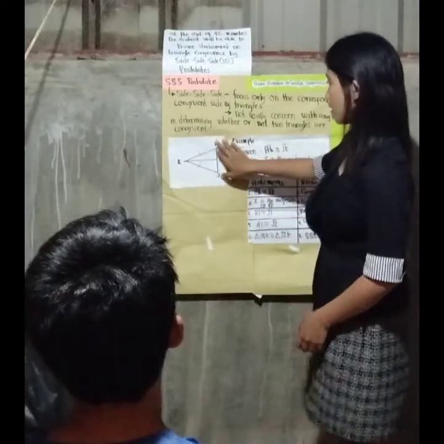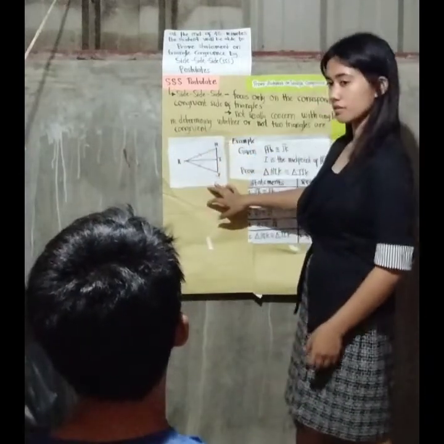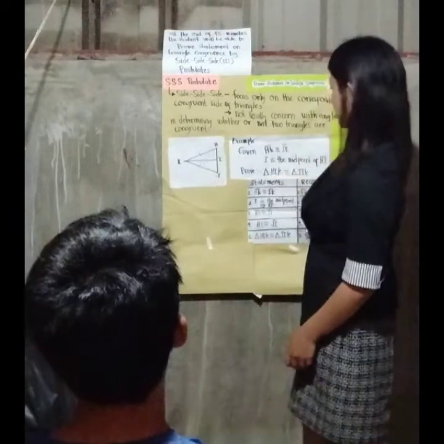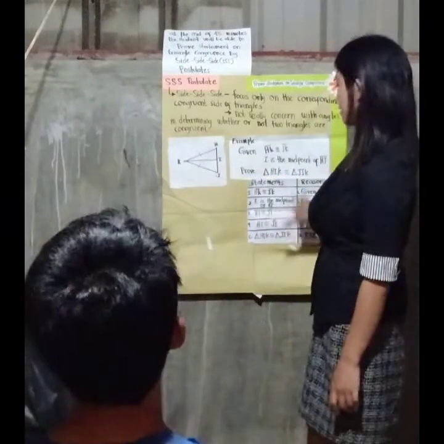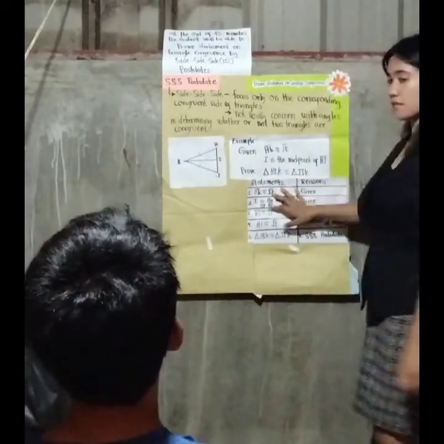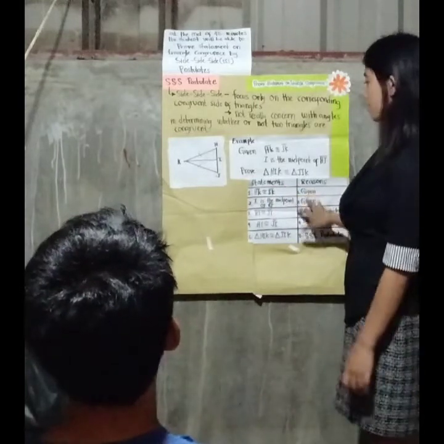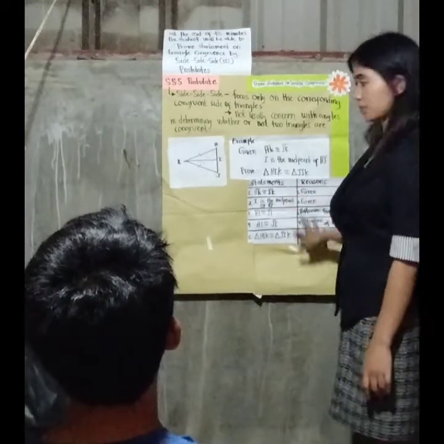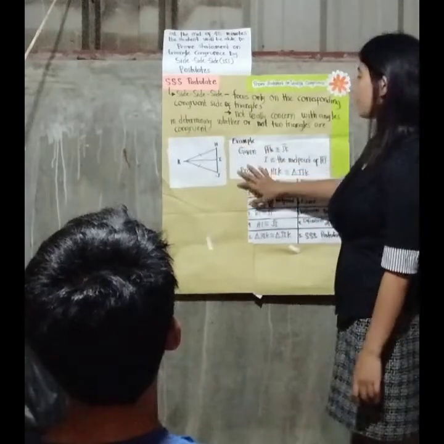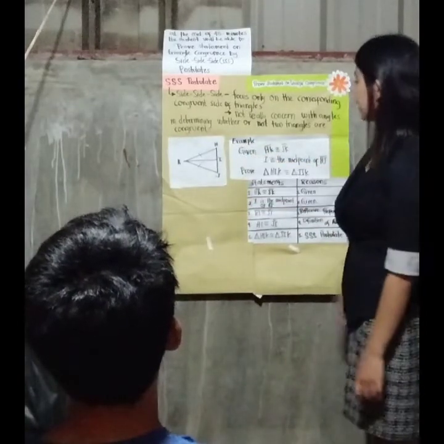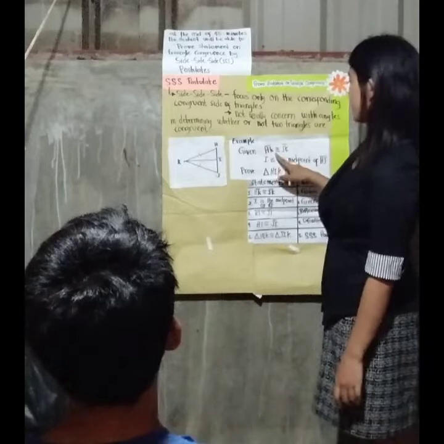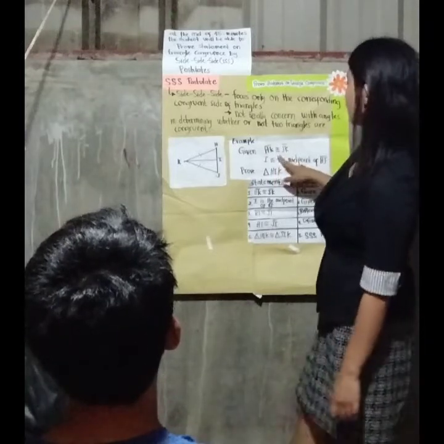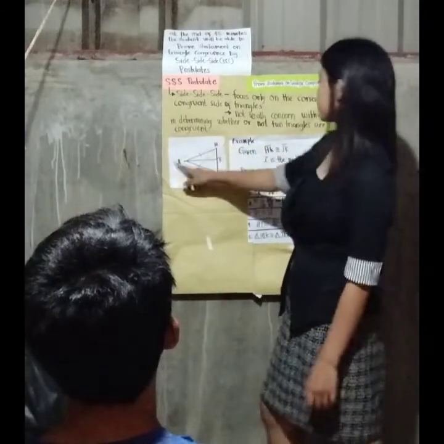Here is the illustration of the triangles and the examples, given in the statements and reasons, which are the two-column proof. For example, given is line HK congruent to line JK.